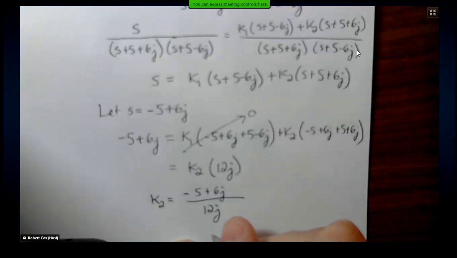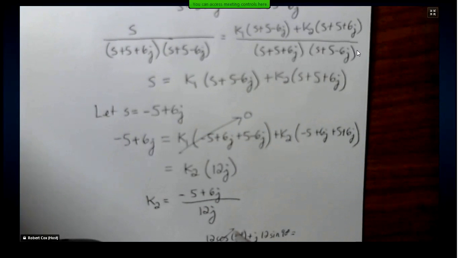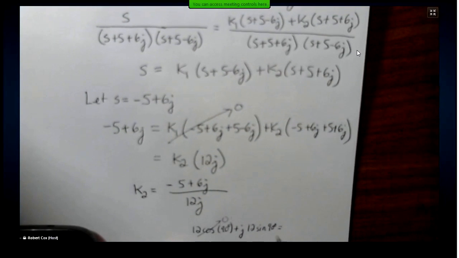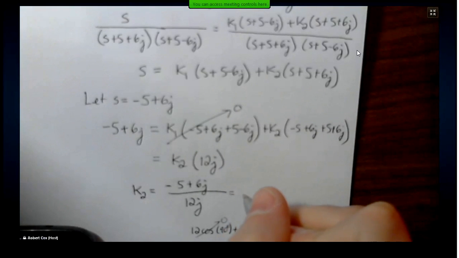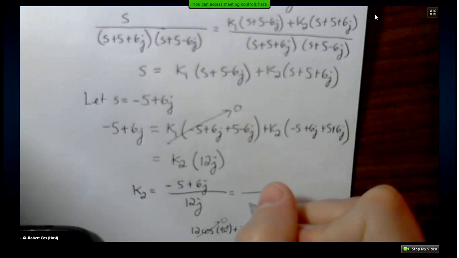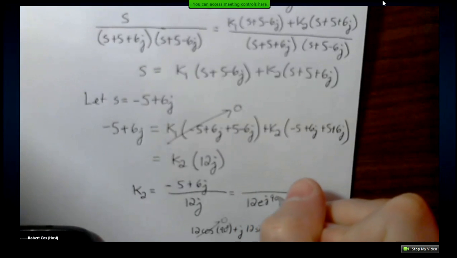And the way I can see that is 12 cosine 90 plus j 12 sine 90 degrees. This term is 0. This term becomes j12 because sine of 90 is 1. So that tells me that on the bottom I've got 12 e to the j 90 degrees.